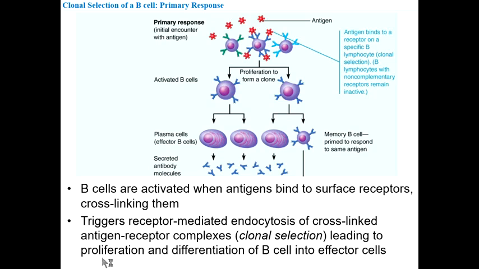And activation will lead to proliferation and differentiation, which we see here. This one cell is dividing, they continue to divide, and we get this clone of B cells that produce antibodies. Here are the antibodies that it's secreting, which will go ahead and mark all of these antigens for destruction.